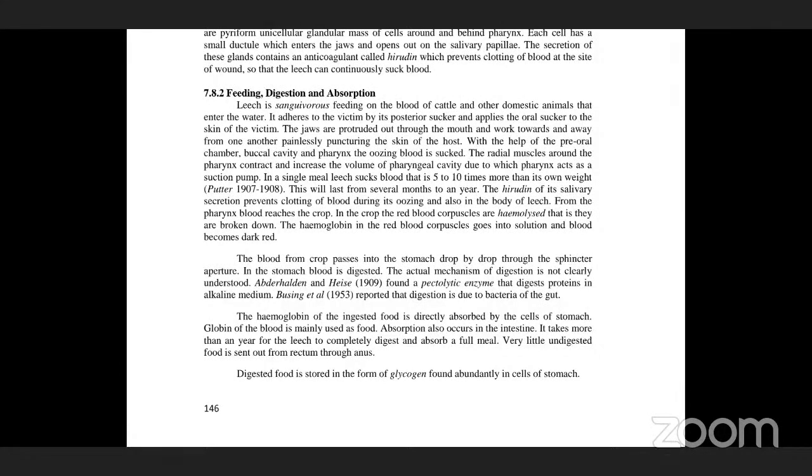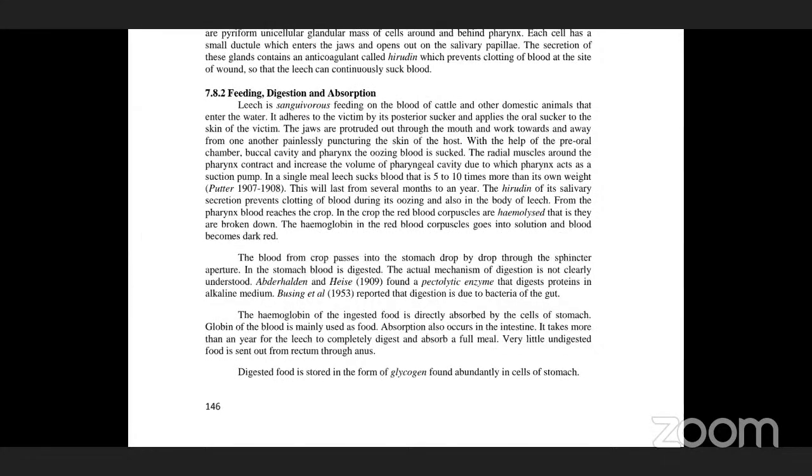And after the digestion, the undigested one gets reabsorbed, okay, and the digested one, so the globin of the blood is mainly used as a food, and it is absorbed by the intestine, okay, and this digested food is stored in the form of glycogen, which is found abundantly in the stomach cells. So whatever the undigested food, that is sent out from the rectum through anus.